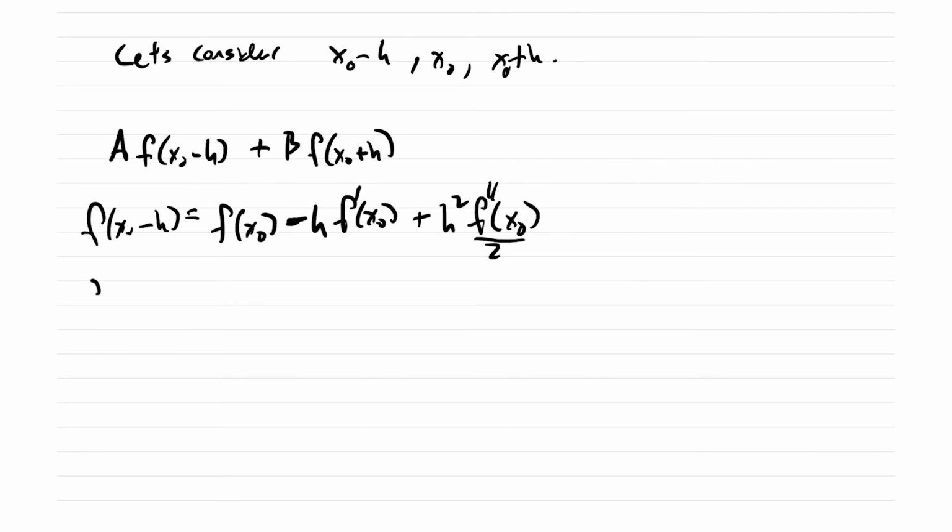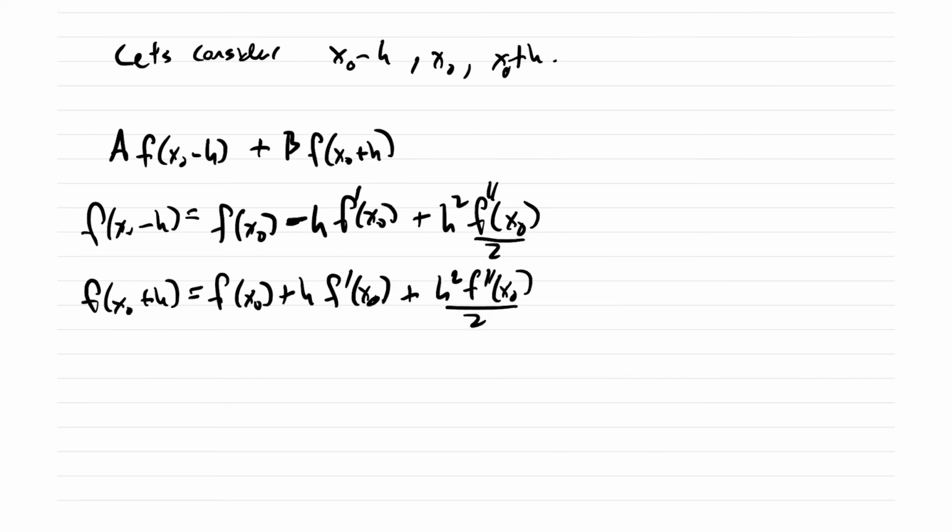And here we have f of x naught plus h is going to give us these other ones. So f of x naught plus h f prime of x naught plus h squared f double prime of x naught over 2.